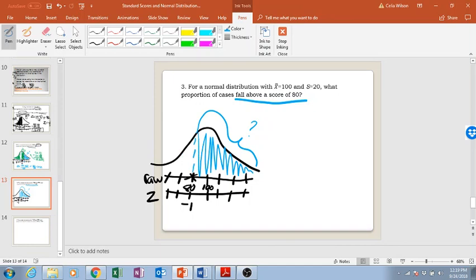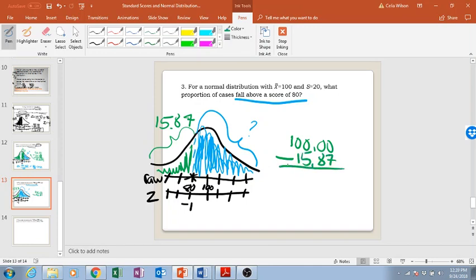All right, well, the good news is, based on the other questions I've answered, I know that this area over here was 15.87, right? So if this is 15.87, how do we figure out this area? Wouldn't it be just the 100, the whole thing, take away that part we don't want to include, the 15.87? And so what would you get there?